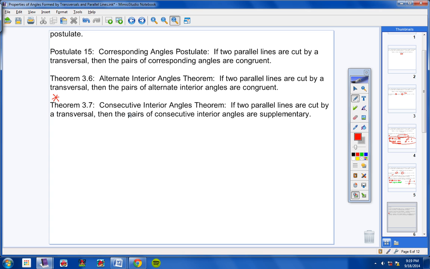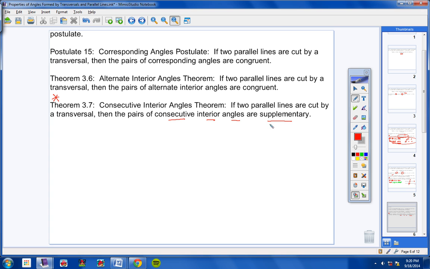The consecutive interior angles theorem: if two parallel lines are cut by a transversal, then the consecutive interior angles are not congruent, they're supplementary. And that's where students mess up all the time in this class. In geometry, they think they're congruent. The consecutive interior angles are supplementary, okay?